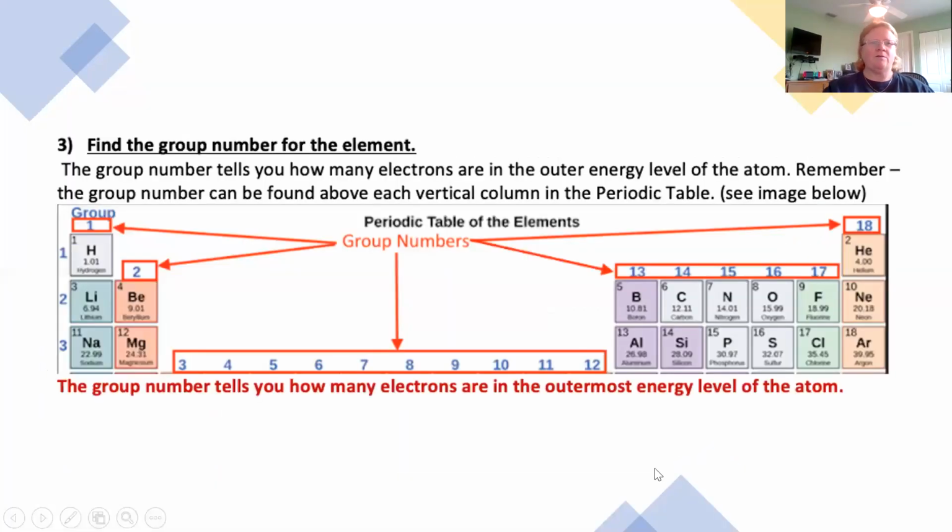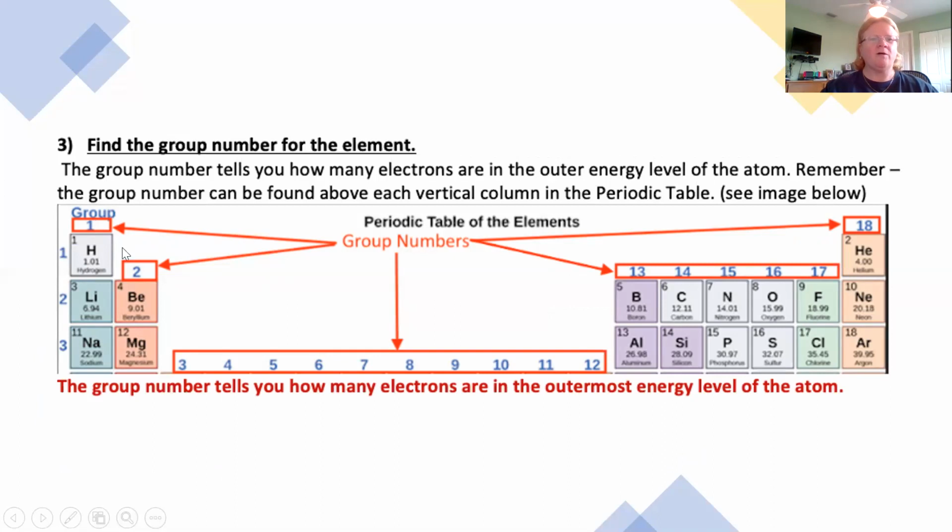And what do we do next? Now it's asking us to find the group number for the element. If you remember from what we were learning yesterday, you were learning how to read the periodic table. At the top of each vertical column, which goes up and down, here's a 1, is a group number. That group number tells you really important stuff. The most important thing is that the group number tells you how many electrons are in the outermost energy level of the atom.